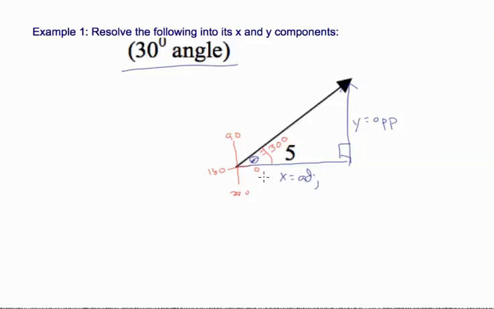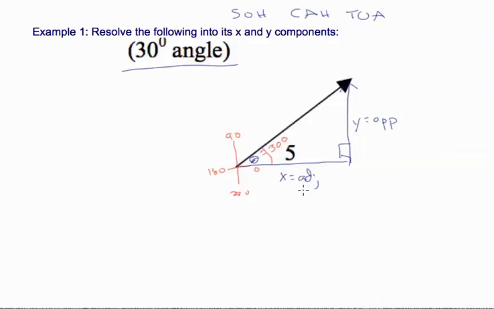Now it's just a trig ratio problem. If we remember SOHCAHTOA, if we want the opposite and we have hypotenuse, we're going to do SOH. And if we want adjacent and we have hypotenuse, we're going to do CAH.